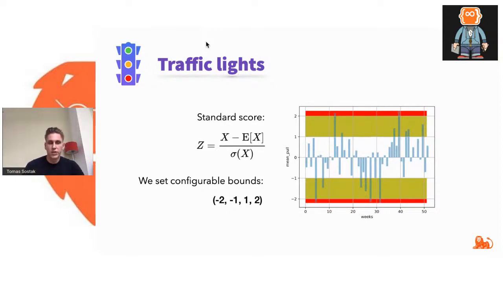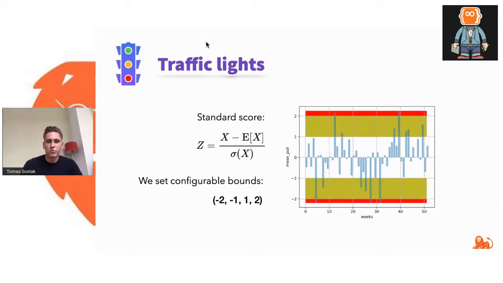So in this case, you can see on the right plot that we compute the z-score for each bin, and based on our configurable traffic light bounds, everything below -2 or above 2 is red, and everything below -1 or above 1 is yellow. So everything that falls into those, you would like to look at.